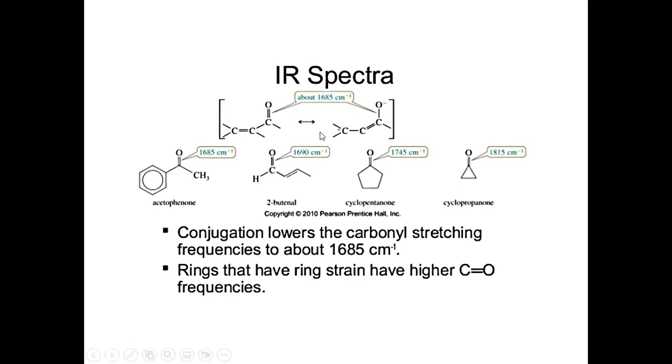So you look at the structures here. Acetophenone is 1685, right? It increases to 1690 for 2-butanone, and increases further for cyclopentanone and cyclopropanone, right?